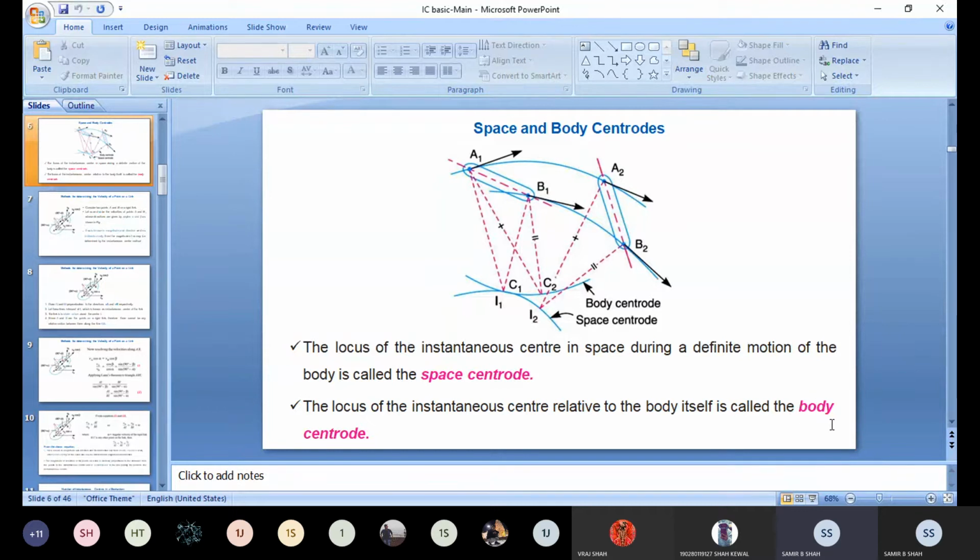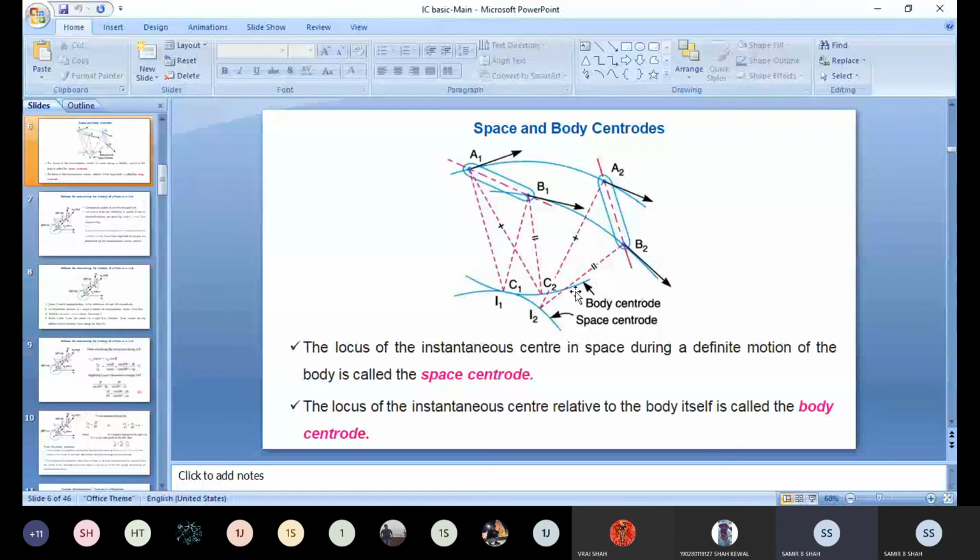These two centroids have the instantaneous center as a common point at any instant, and during the motion the body centroid rolls without slipping over the space centroid. Remember the words, without slipping.